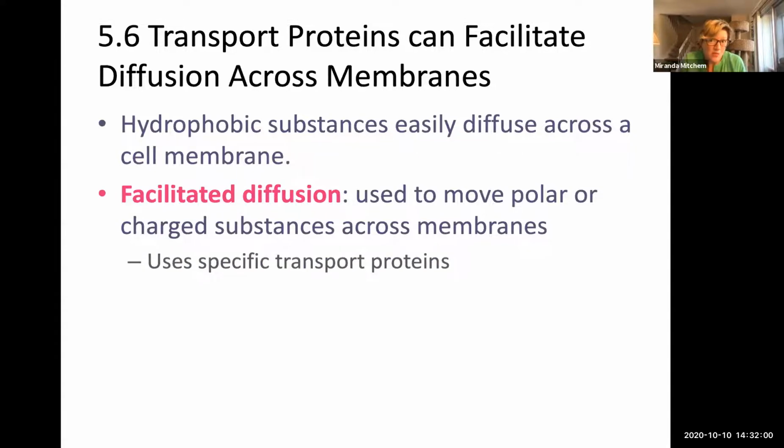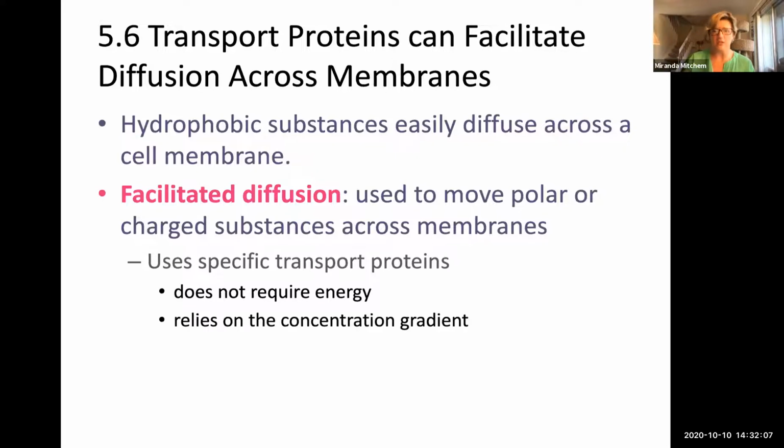So it uses a specific transport protein. Still is passive, it still is diffusion. It does not require energy. And that means it is using that concentration gradient. So we have a transport protein for facilitated diffusion called aquaporin. And as you might be picking up from the name, it's associated with water.